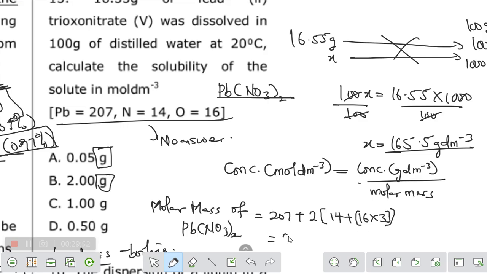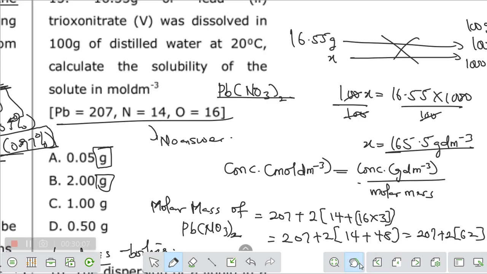So we now have 207 plus 2 into 14 plus 48. So we now have 207 plus 2 into 62.